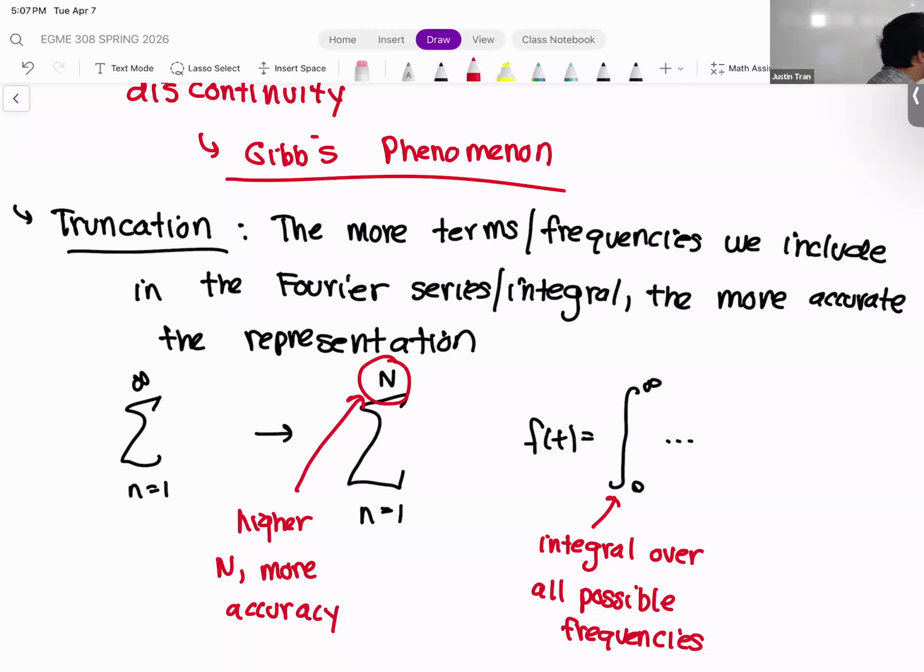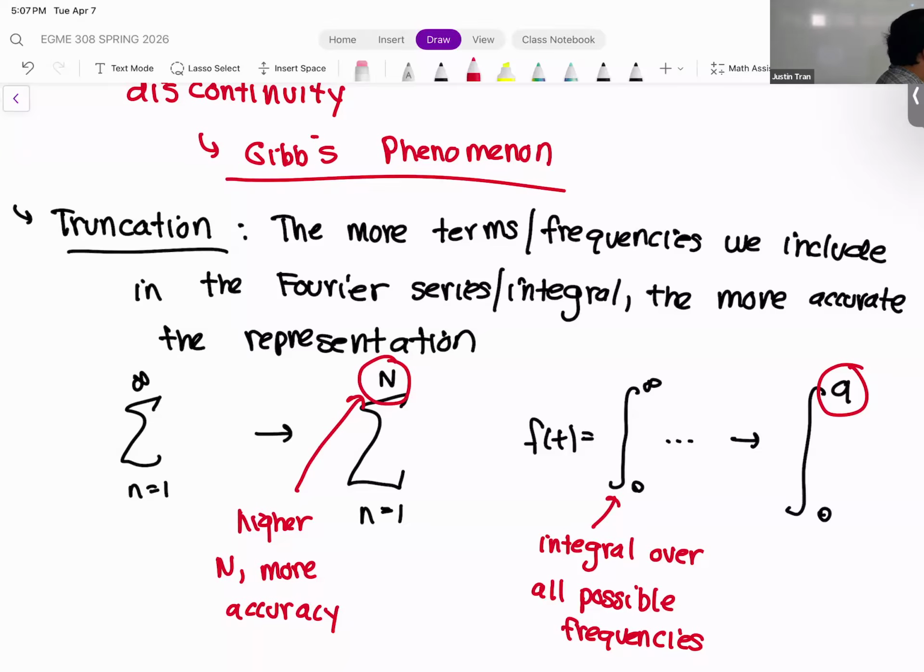Now, of course, in reality, you can't do that. So we do have to cut it off. Instead of an integral from 0 to infinity, we cut it off at some finite frequency A. The term that we give A here is slightly different, so it's no longer the truncation mode.